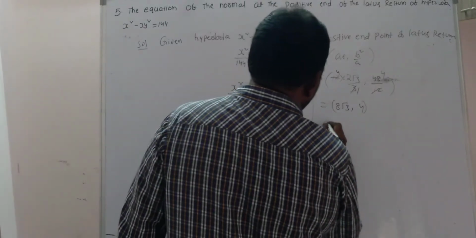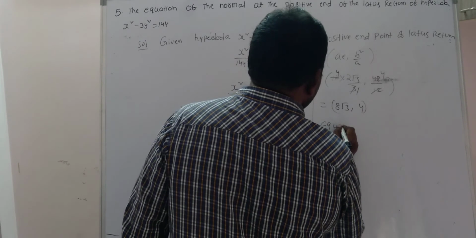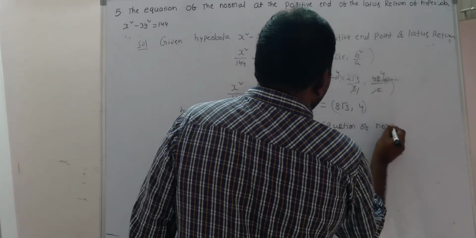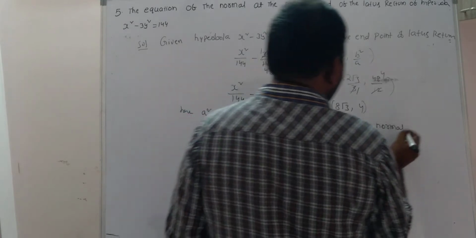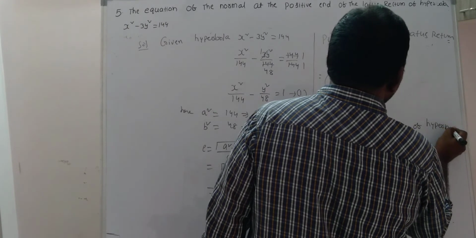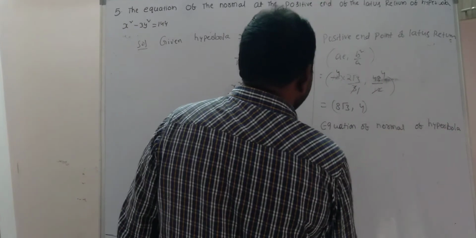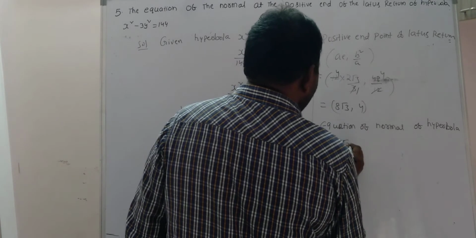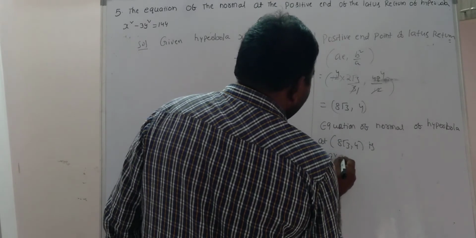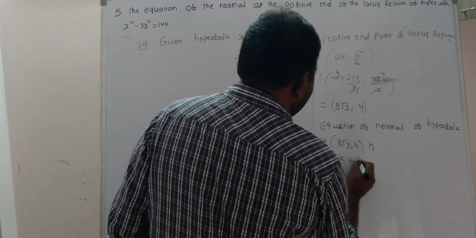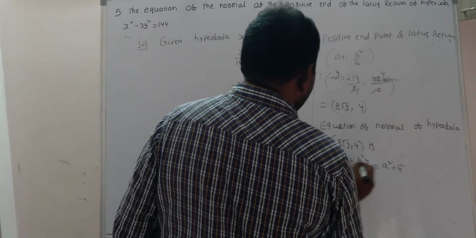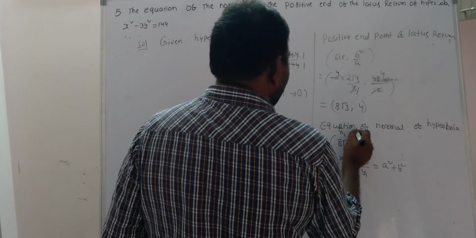So the equation of the normal of the hyperbola at (8 root 3, 4) uses the formula a square x by x1 plus b square y by y1 is equal to a square plus b square. This point is x1, this point is y1.